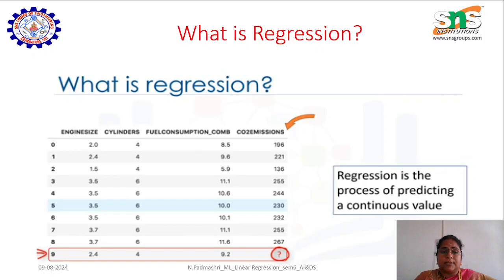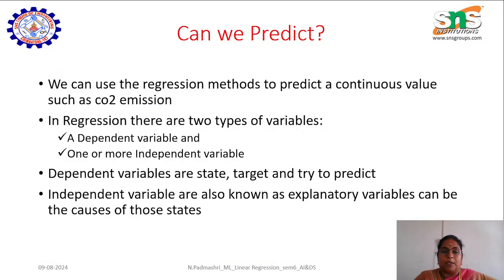So what is regression? It is a process of predicting continuous values. Can we predict? Yes, through a machine learning algorithm. The algorithm that we are taking here is the linear regression algorithm. Using this linear regression method, we are going to predict the continuous value of CO2 emission.